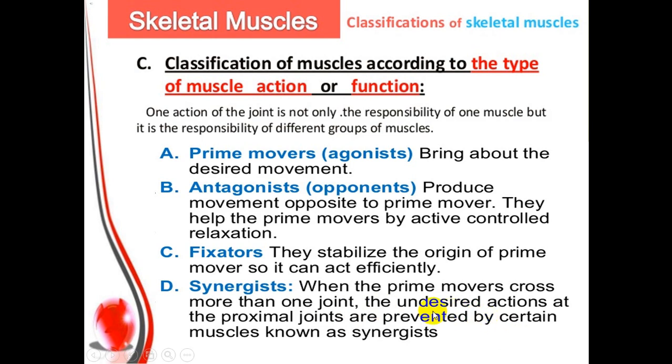For example, at the wrist we have the maximum action of the long flexors of the digits when the wrist is extended. This is because the contraction of the long flexors will be used completely for flexing the digits and not for flexing the wrist joint. So the extensors of the wrist joint are acting as synergists for the long flexors of the digits.